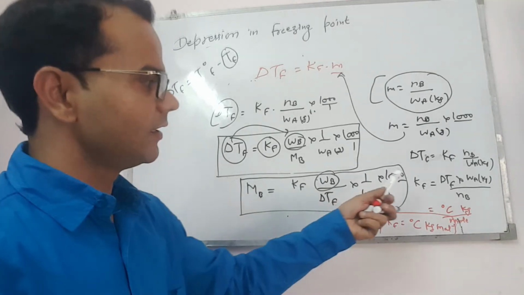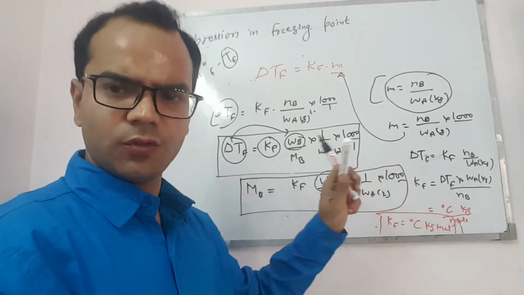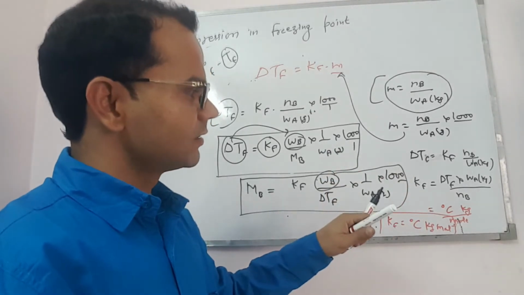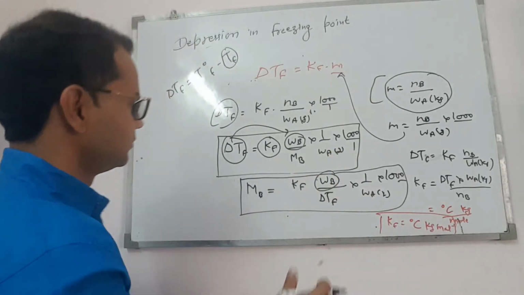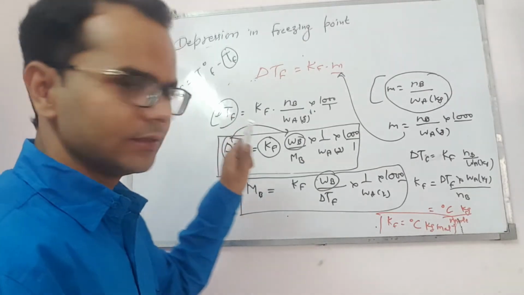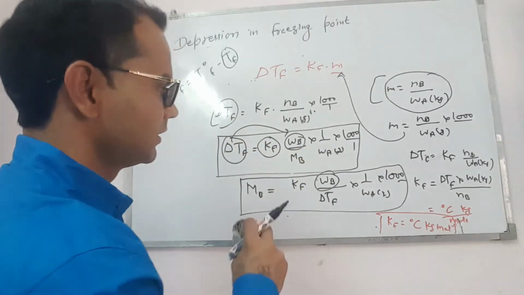Next, value of Kf is variable for various solvent. You don't need to cram the values, but at least a few values are given for water, benzene and acetic acid.